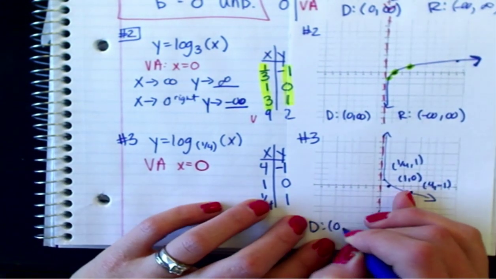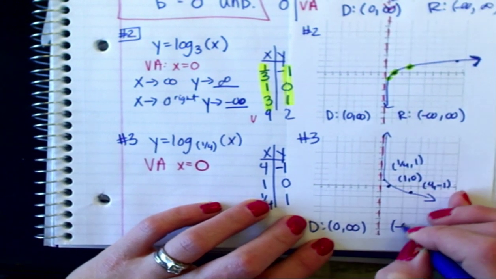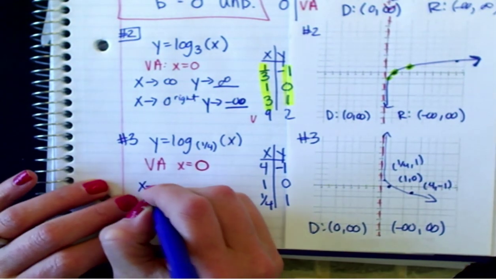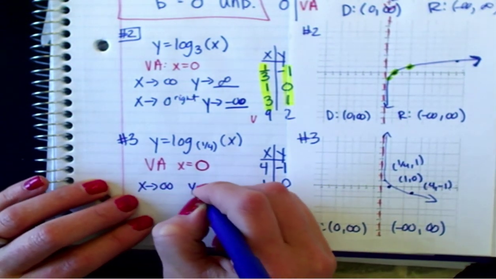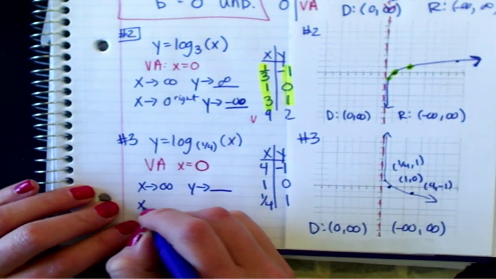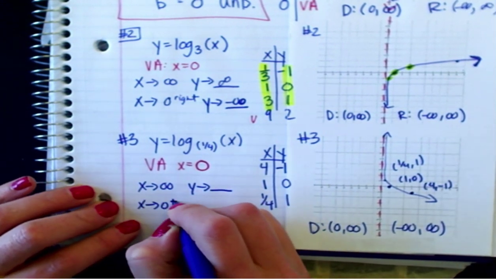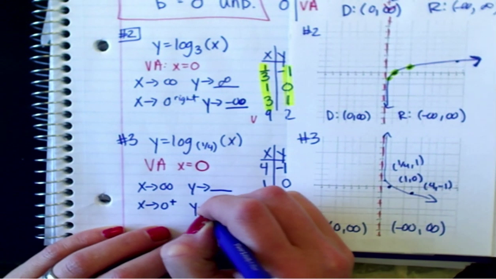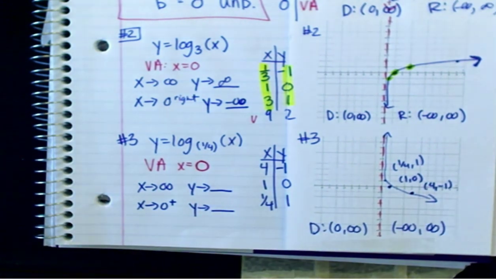Domain, still 0 to positive infinity. Range, it should go in order, negatives to positives. And then I'm going to write my statement. 0, and instead of saying right, I'm going to say plus because it's just much shorter to write a plus. Plus always means the right. We're kind of mixing those.